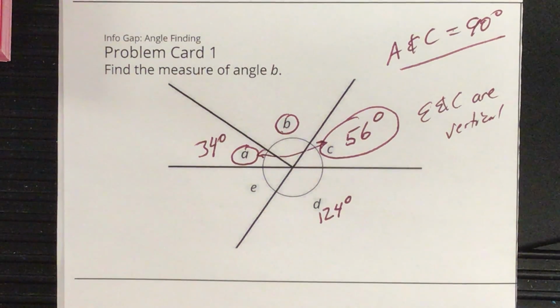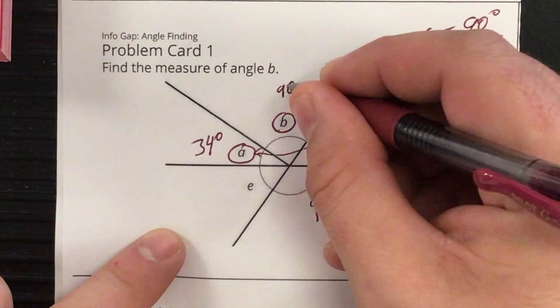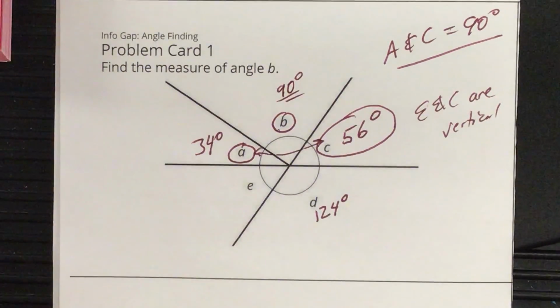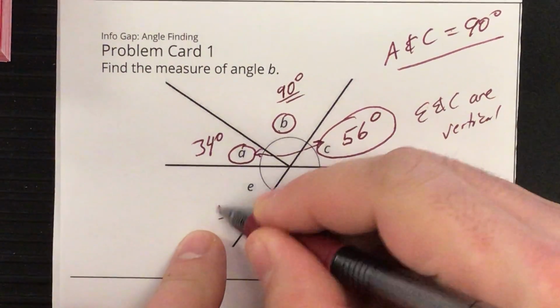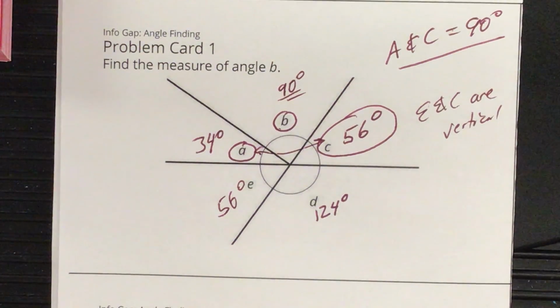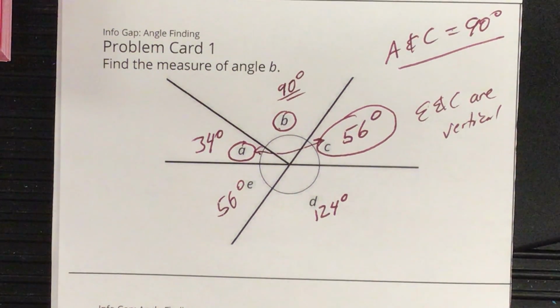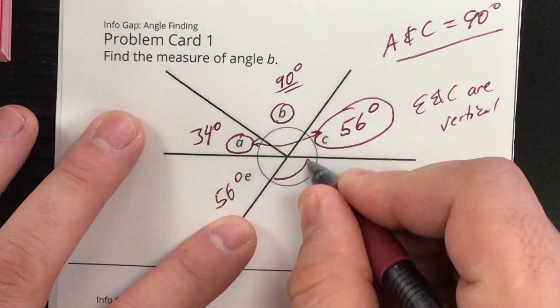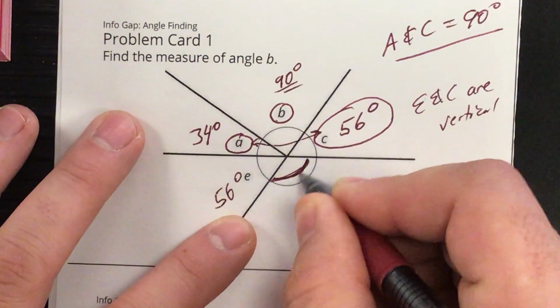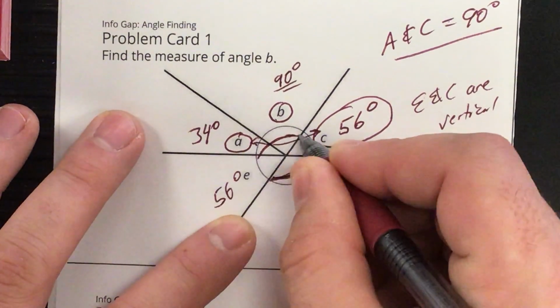Well, let's check. All right. Well, it tells us these two are vertical, so I know this is 56. If all those would equal 360, I would say I'm fine. Okay. Another thing you can look at, this angle and this angle.